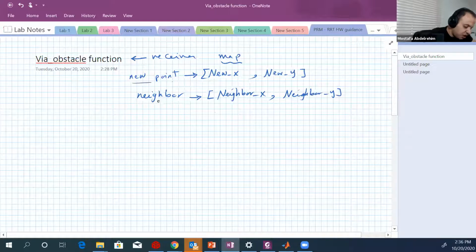And we should check if there is an obstacle between these two nodes or not. So let's assume we have these two nodes. Here is a node, here is another node.